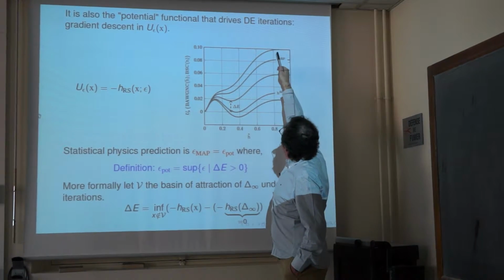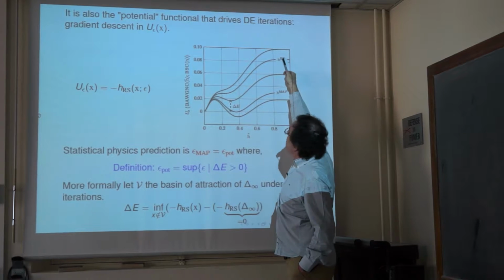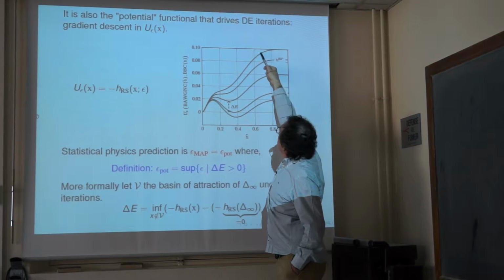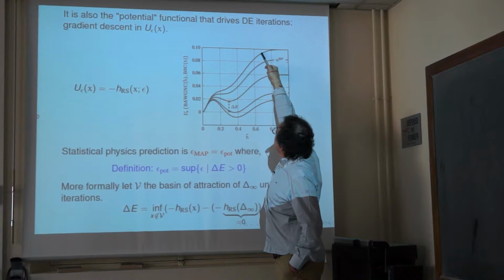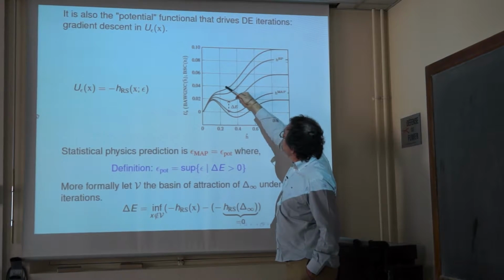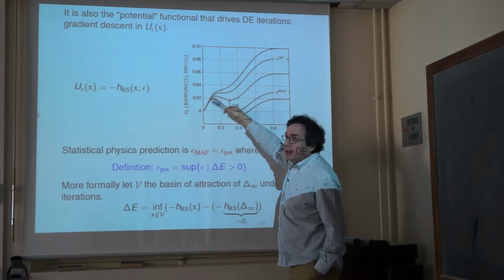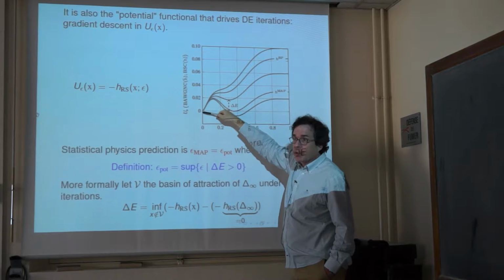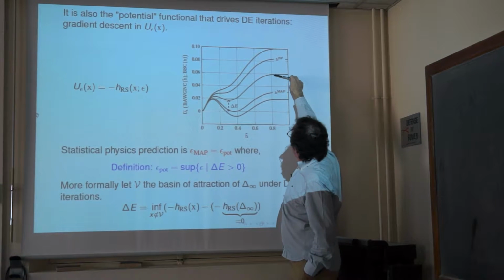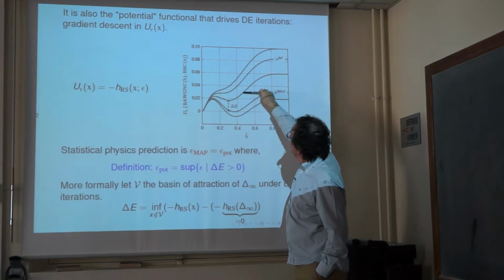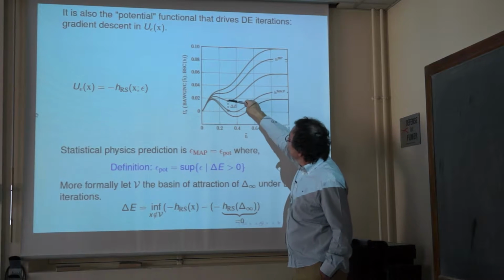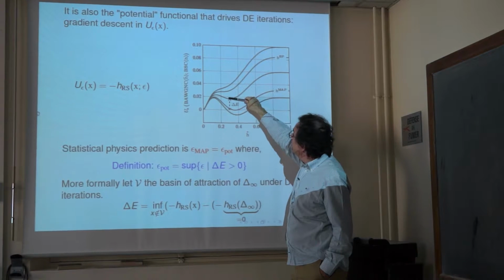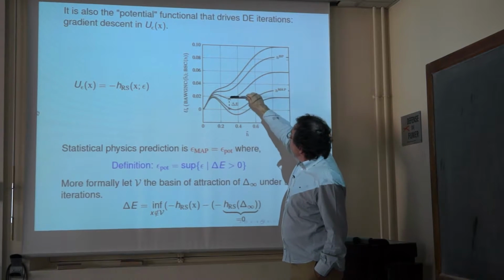So as long as you're below the BP threshold, HBP is my epsilon BP now, if you start here and you start iterating density evolution, you will be driven by gradient descent, basically, up to the point where you can decode. Okay? At the BP threshold, there is a second minimum that develops, and density evolution gets stuck at this local minimum. Okay? And then you cannot decode.